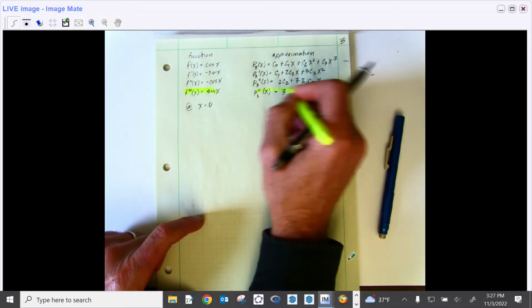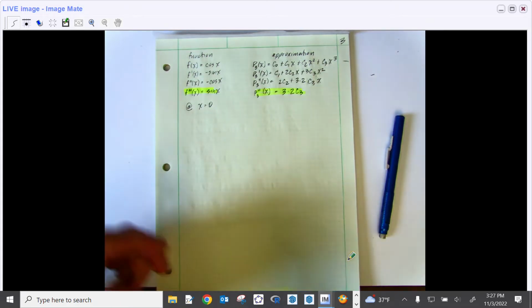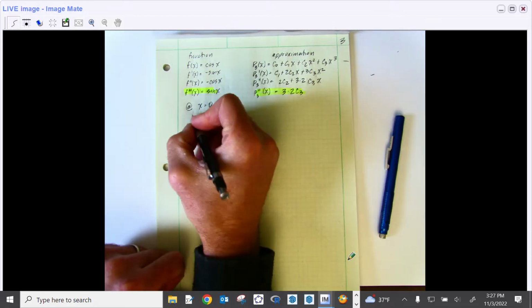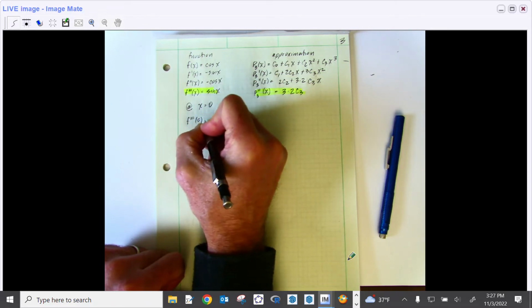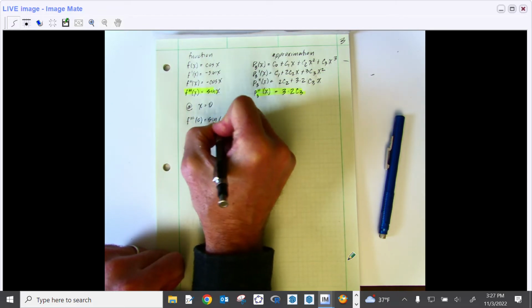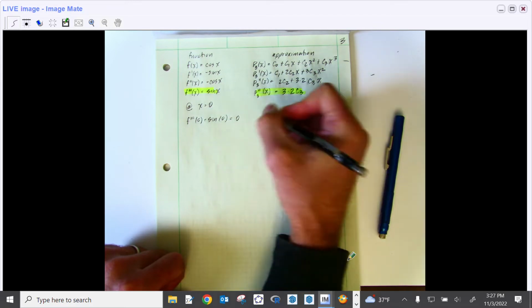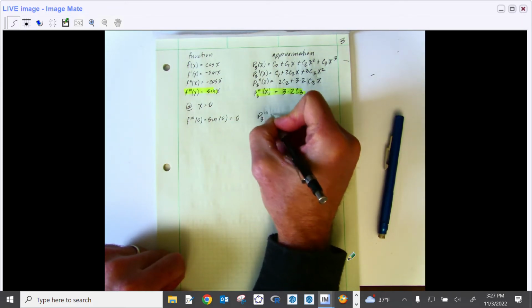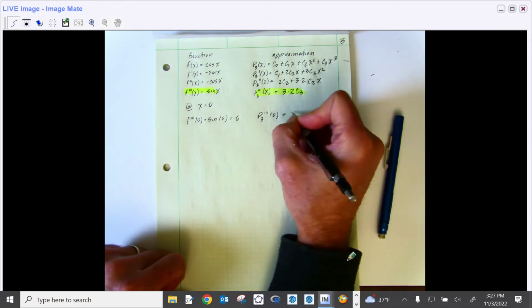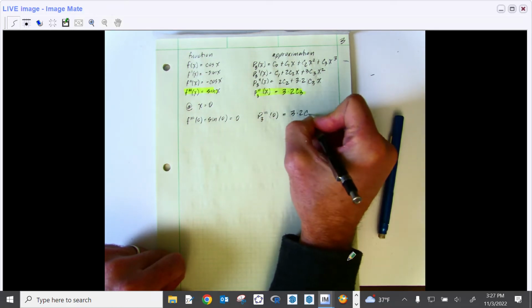So f triple prime of 0 is equal to sine of 0, which is equal to 0, and p sub 3 triple prime of 0 is just going to be equal to 3 times 2 c3.